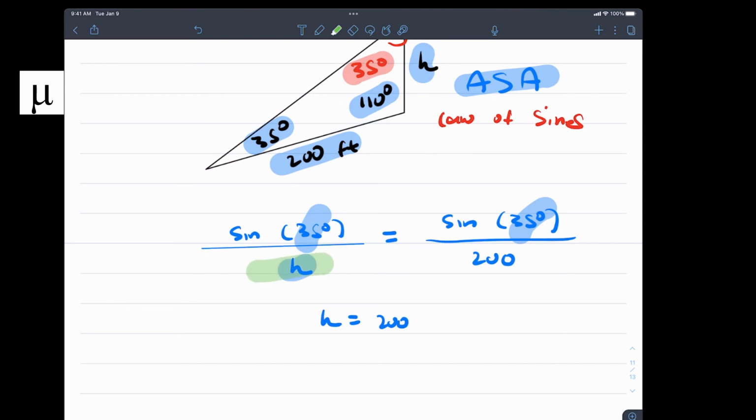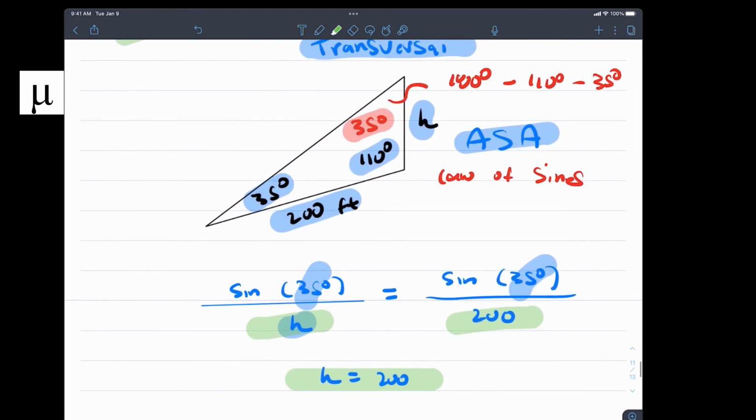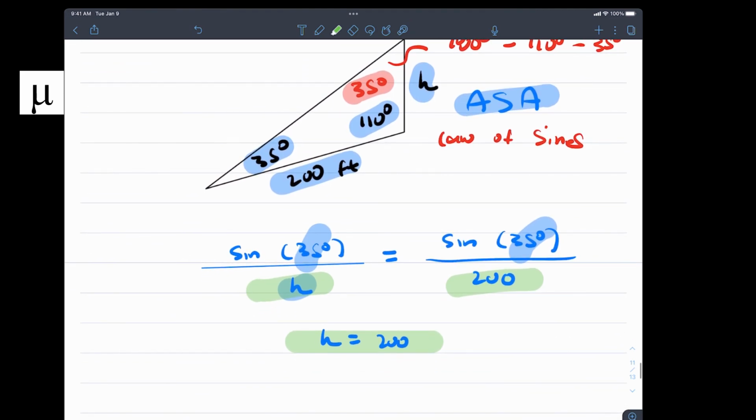How do I know? Well, you have equal fractions with the same numerator. That means your denominator has to be the same. I don't even have to use the calculator. Now, this is, I don't want to say it's a bad example. It's a good example, but typically you probably aren't going to find H being the same. You'll probably have to use the law of sines and do computation on your calculator.